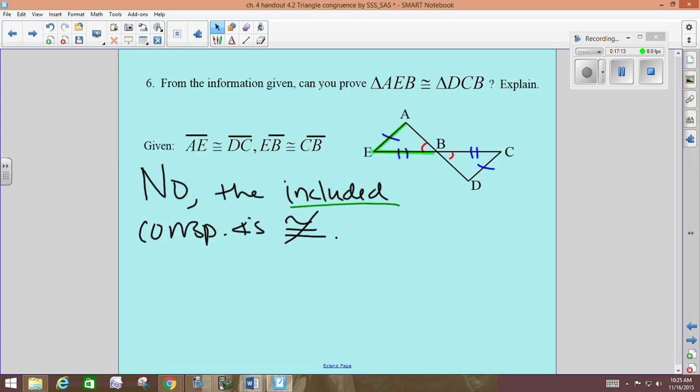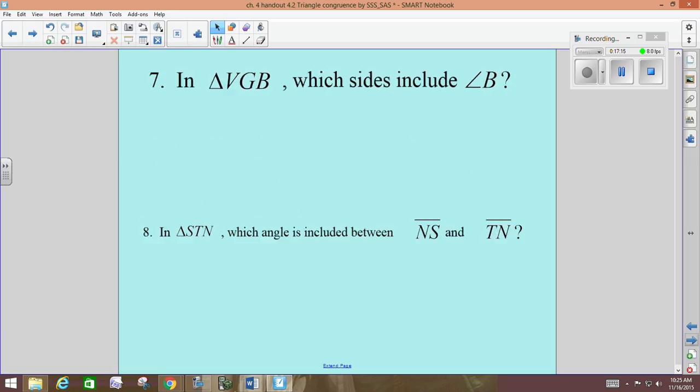All right, 7 and 8. 7 says in triangle FGB, which sides include angle B? Or I could reword that and say, angle B is included between which 2 sides? We're trying to figure out which 2 sides sandwich angle B. Draw a picture.